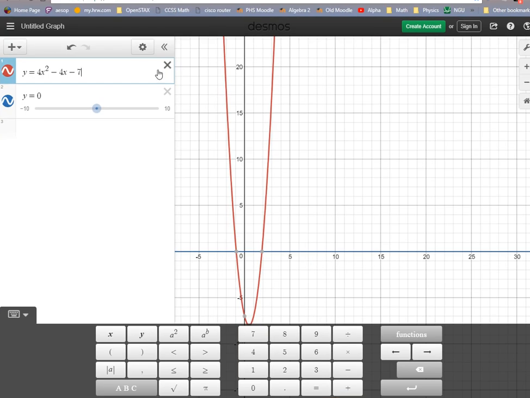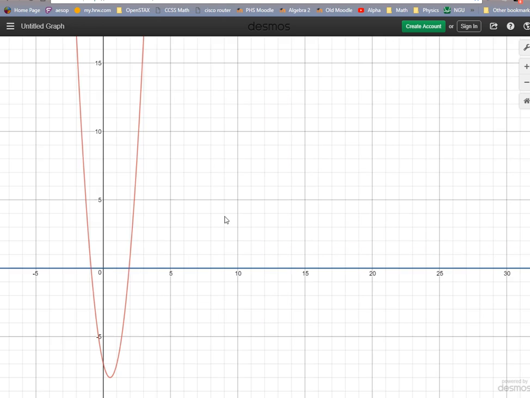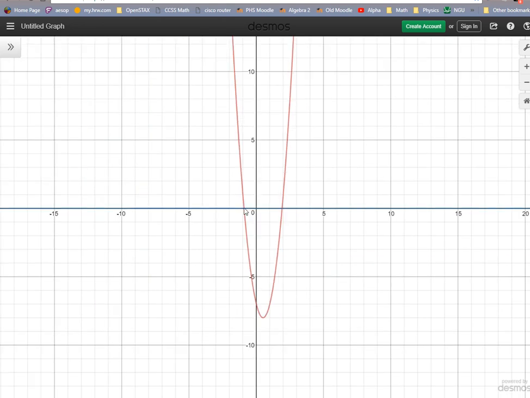There they are. Let's look at the values of those x-intercepts. Right, so one of them is at, Robert, write this down for me. Negative 0.914 is one solution as a decimal. The other solution where it crosses the x-axis is 1.914. So it's close to 2.